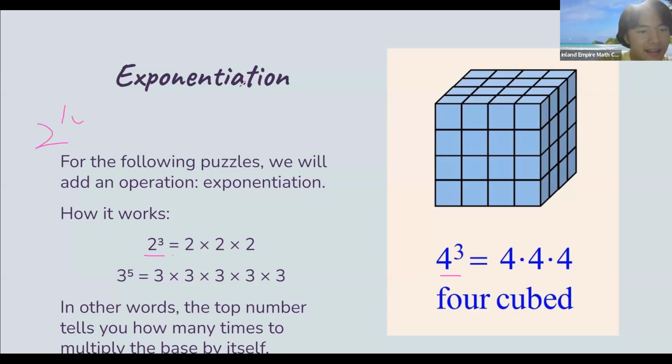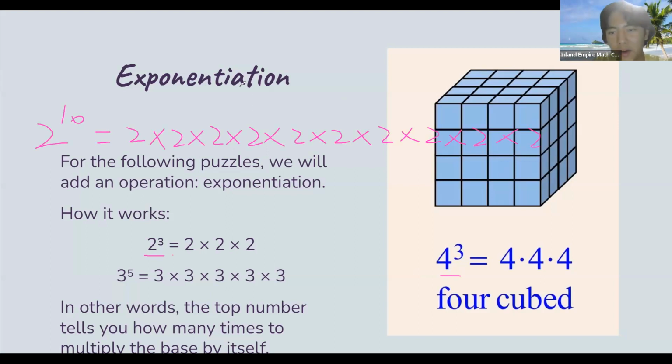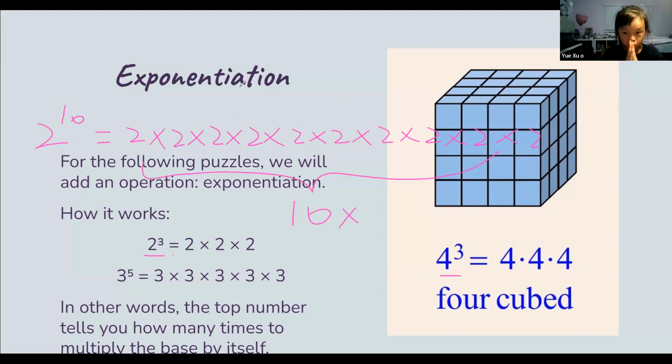If you have something like this, what you would actually have is 2 times 2 times 2 times 2 times 2 times 2 times 2 times 2 times 2 times 2. 1, 2, 3, 4, 5, 6, 7, 8, 9, 10. So you can see this is 2 multiplied by itself 10 times, right?